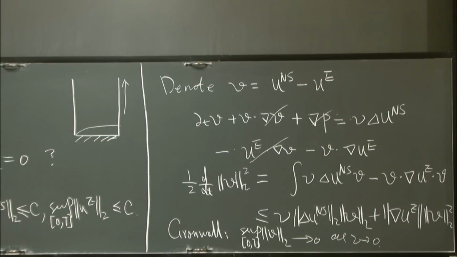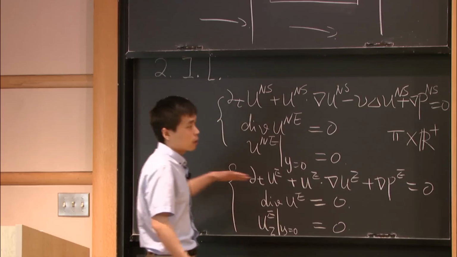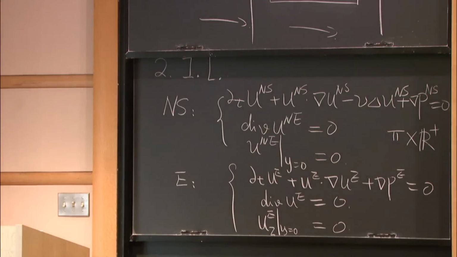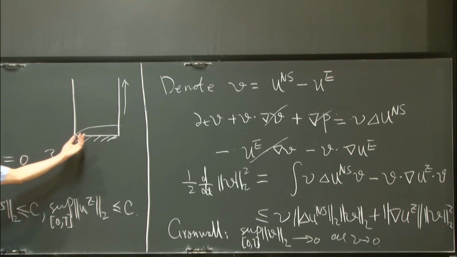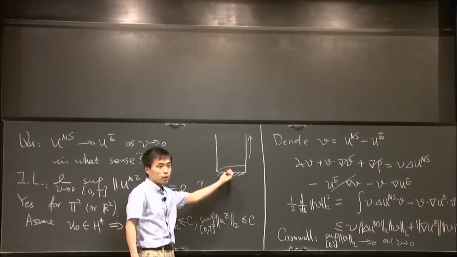But when there's a boundary, the problem becomes very challenging. The bigger problem is the mismatch of these two boundary conditions. For Euler, you allow the fluid to slip along the boundary, but for the Navier-Stokes equation the horizontal speed is 0.